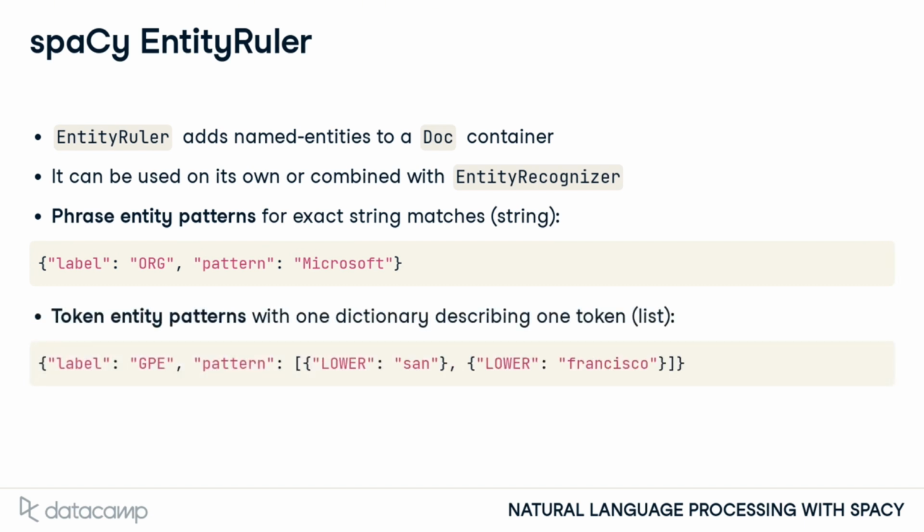A token entity pattern uses one dictionary to describe one token. For example, to match lowercase San Francisco to an entity type of GPE, a location type, we can use an entity pattern dictionary with a label equal to GPE and the pattern set to a list of two key value pairs, where the key is set to lower and the value is set to san for one and francisco for the other pair.